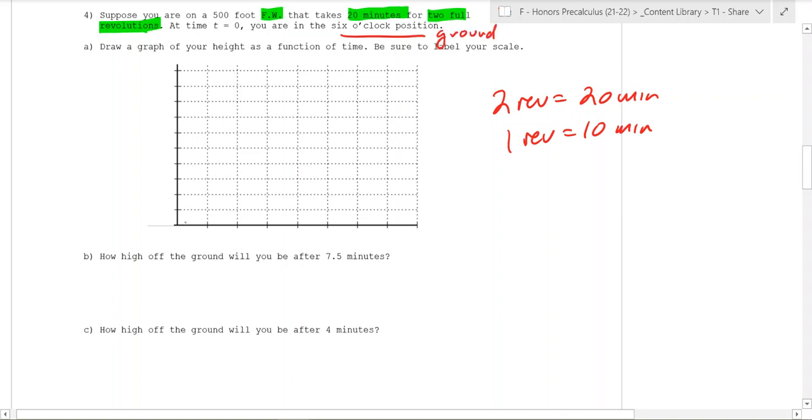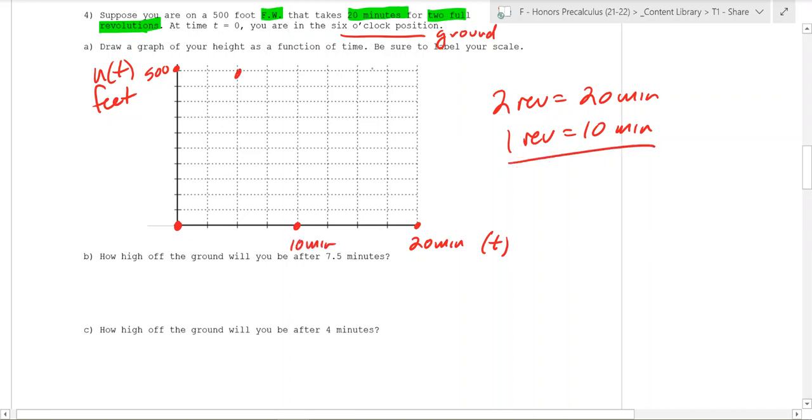Done that before. So if we just say that this is 500 feet right here, this is h of t in feet. And let's say that this right here is 20 minutes, and that's t in time. We know it's going to start here, and then in the middle here, it'll come back at 10 minutes because it takes 1 revolution every 10 minutes.